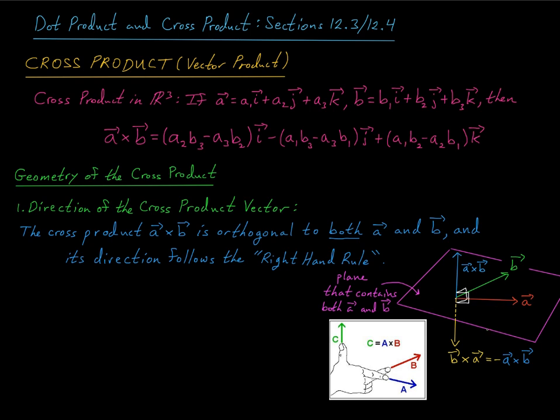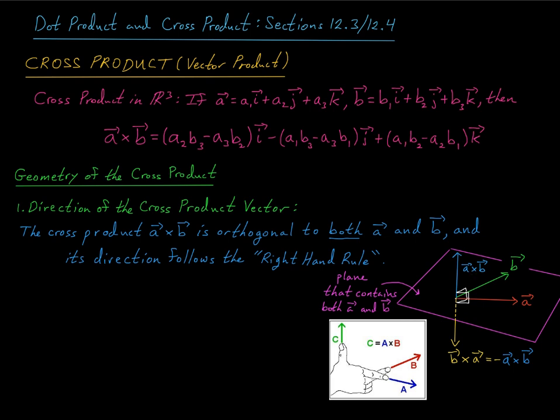As a consequence, if you reverse the order of the vectors in the product, B cross A is in fact the opposite of the vector A cross B. So this yellow vector B cross A is still orthogonal to this plane, but it has the opposite direction of the blue vector A cross B.